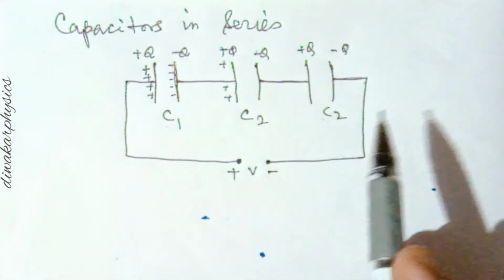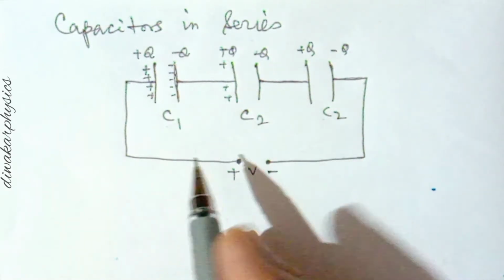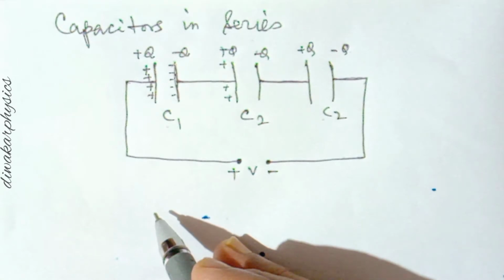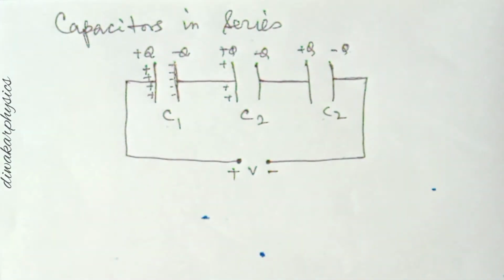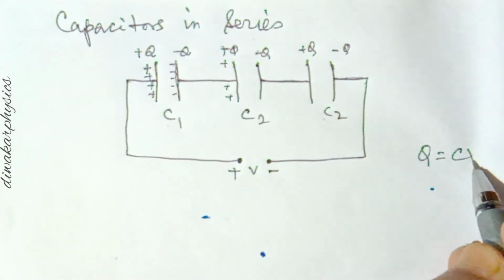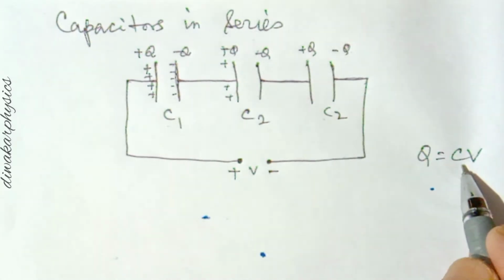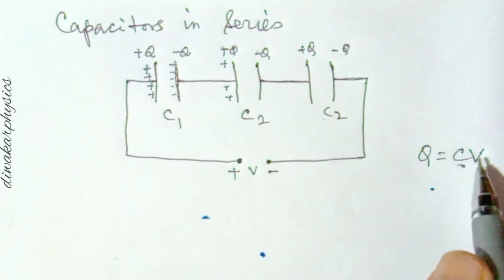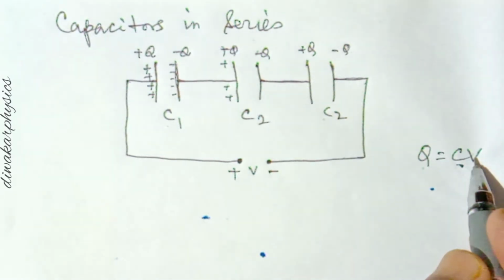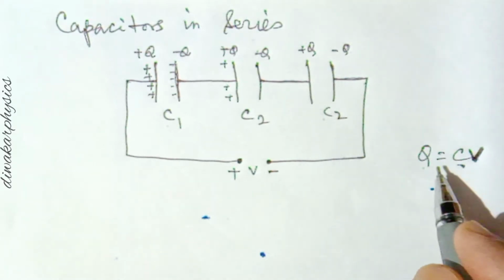Then the formula related to capacitance is Q is equal to CV. C is different, but Q is the same, so V should be different so that Q remains the same.